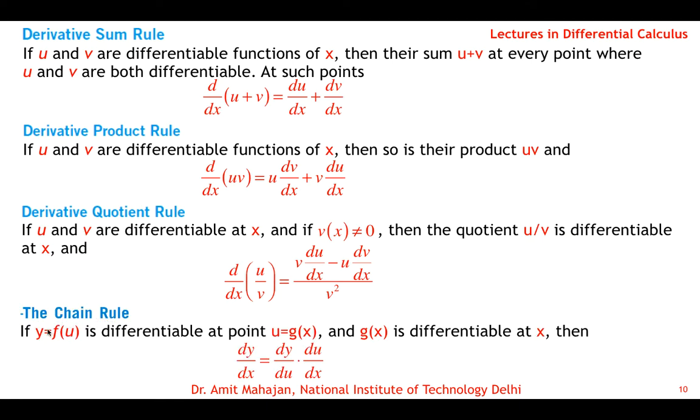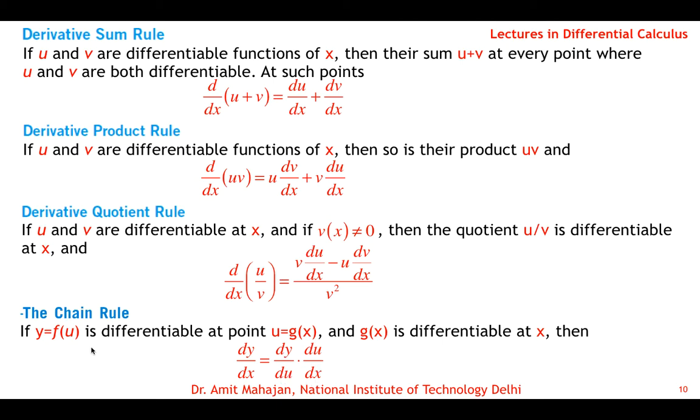The chain rule: if y is a function of u, differentiable at the point u equal to g(x), and g(x) is differentiable at x, then by the chain rule we can write dy by dx as dy by du times du by dx.